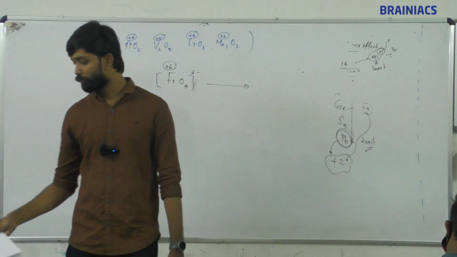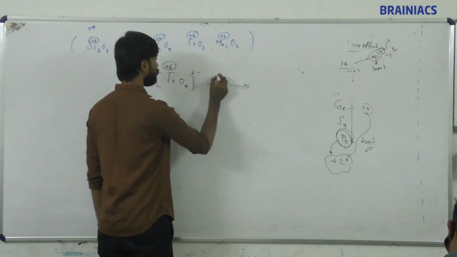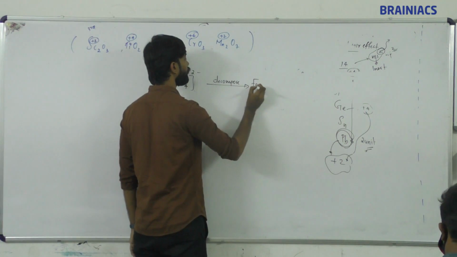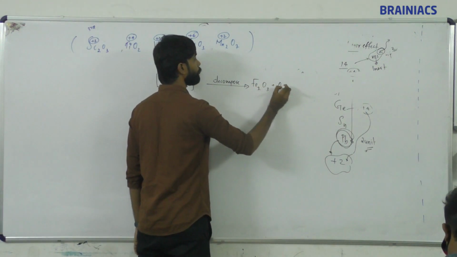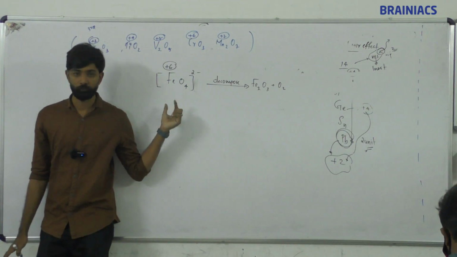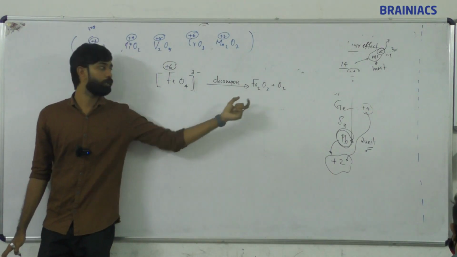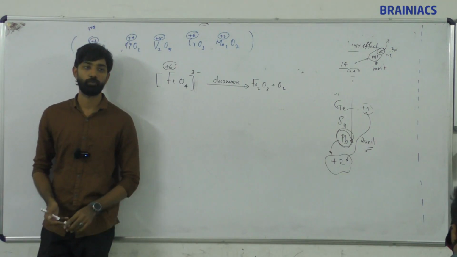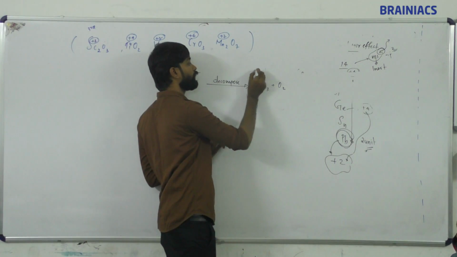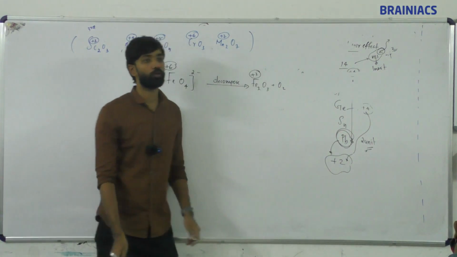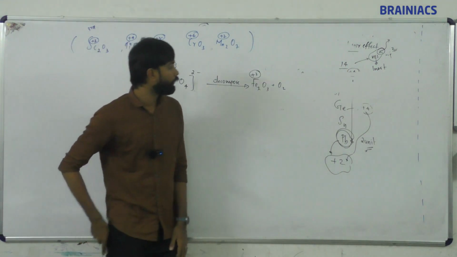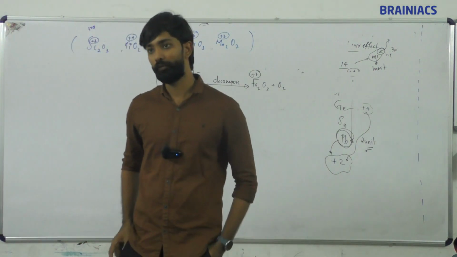But it readily decomposes to Fe2O3 and O2. There is a chance for the existence of +6 in the case of iron, but it is not a stable compound. It readily decomposes to Fe2O3 and O2. So beyond manganese, according to your NCERT, the maximum is +3, and it is mainly found in Fe2O3.